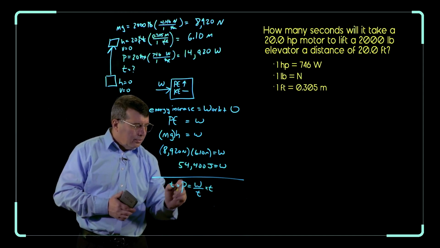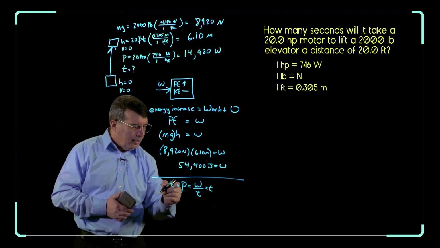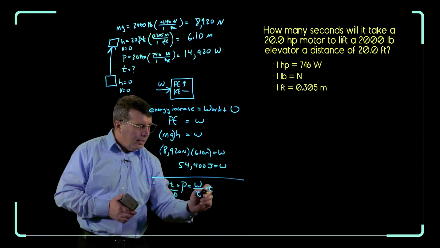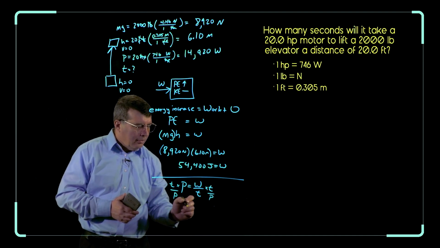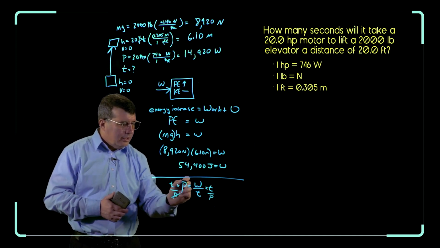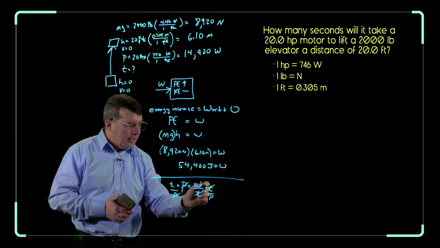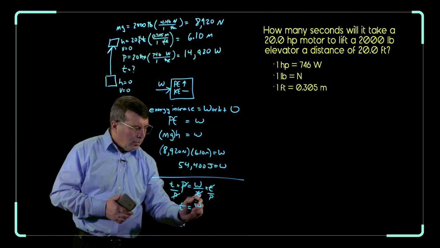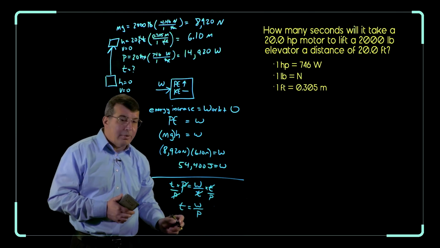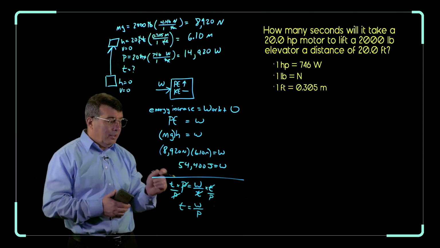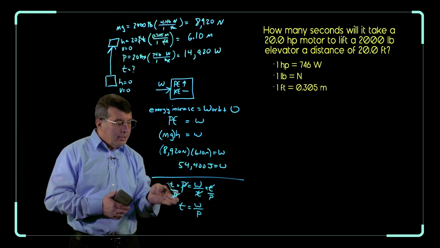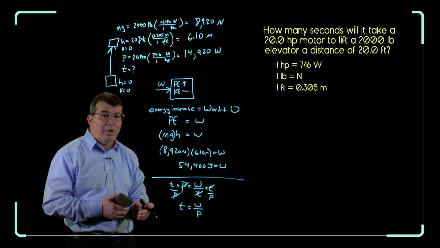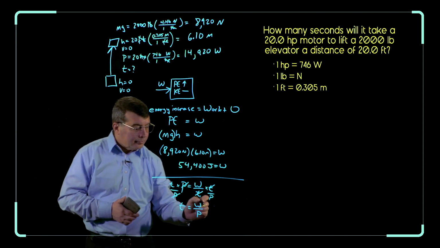And then I want to get this p to the other side. So I'm going to divide by p over here, divide by p over here. These p's cancel out, these times cancel out, and I have time is work done divided by power. And so now you can see even more clearly that the bigger the power is, the less the time is. The bigger this denominator is, the smaller the whole fraction is.